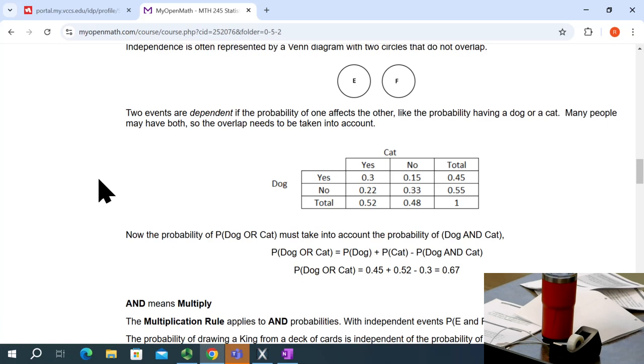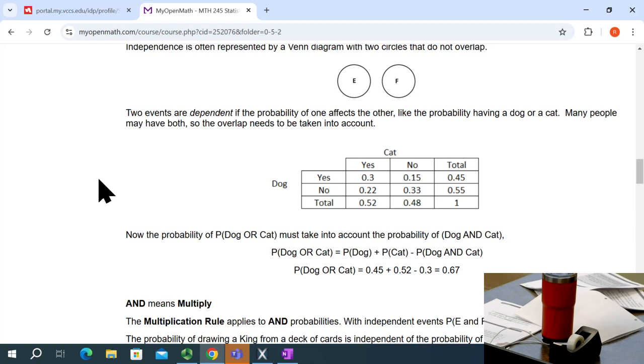What is the chance that someone owns a dog? Look at the dog row. There's a 45% chance that someone owns a dog out of this sample.